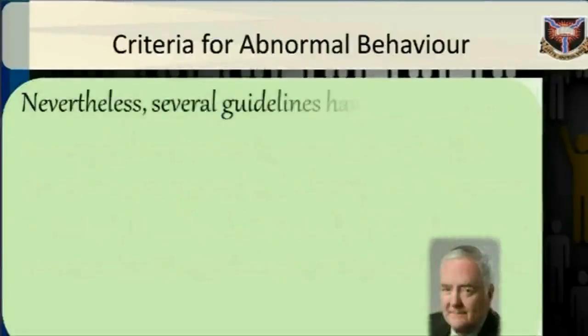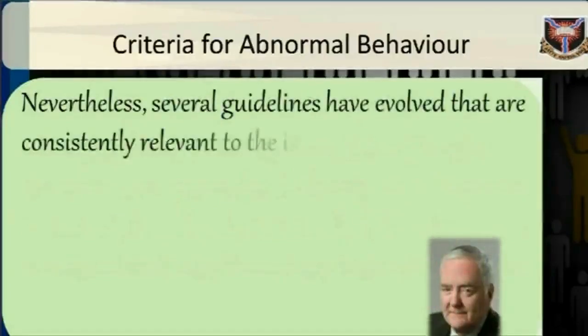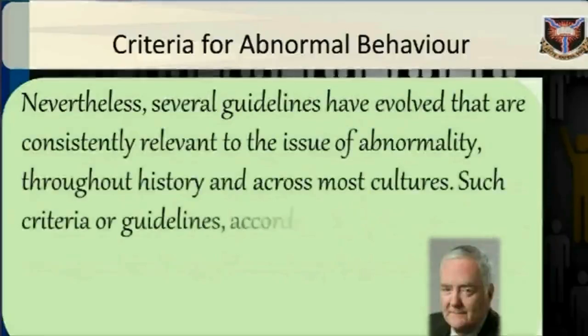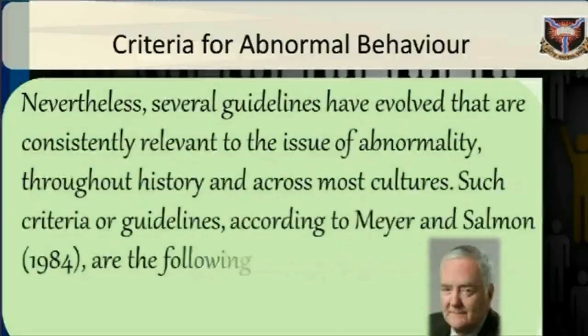Nevertheless, several guidelines have evolved that are consistently relevant to the issue of abnormality throughout history and across most cultures. Such criteria or guidelines, according to Meyer and Salmon, 1984, are the following.